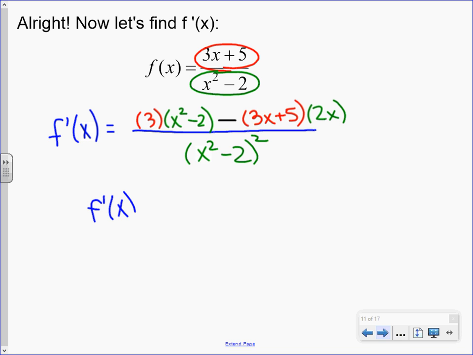Okay, so we're just going to clean this up a little bit. What we have is 3x squared minus 6, and we're subtracting the quantity when we put that 2x through of 6x squared plus 10x.